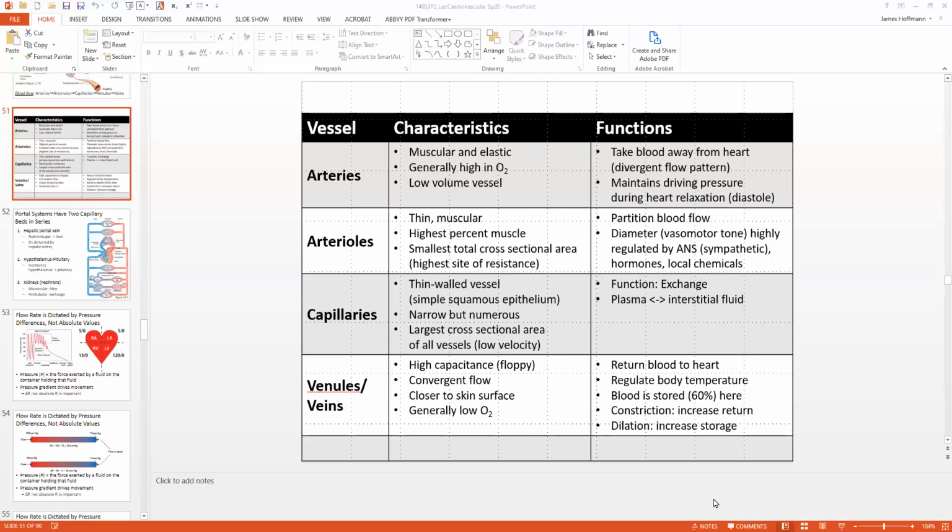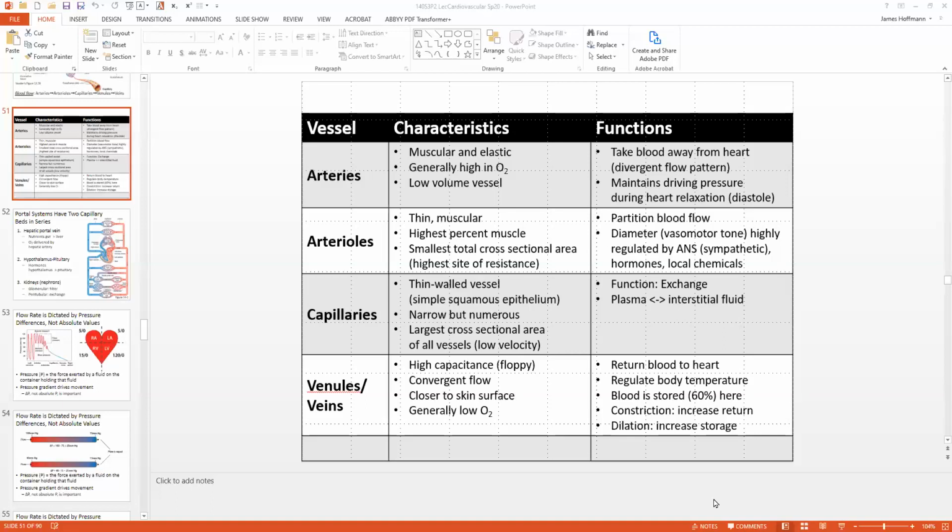Yeah, so remember, the blood vessels are the major way by which we control resistance, especially the arterioles, to maintain mean arterial pressure. Since they are one of the mechanisms we use to do that, we need antagonistic control, meaning we need the ability to constrict or dilate a blood vessel.